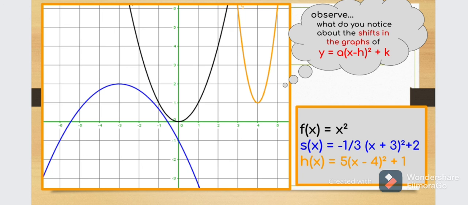Again, the effects of changing the values of a, h, and k in the function y equals a quantity x minus h squared plus k, as a vertex form of the function, is that h moves horizontally h units and k moves vertically k units. Thank you.